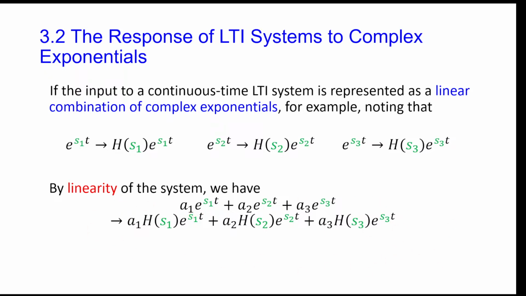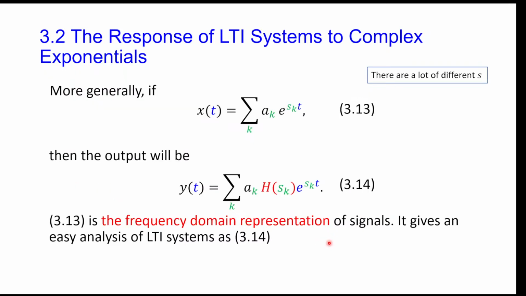This is even faster than our convolution expression. We can just say the output is the same linear combination, just multiplied by those eigenvalues. So it will be a1 times H of s1 e to the s1t, then a2 times its term, and a3 times its term.